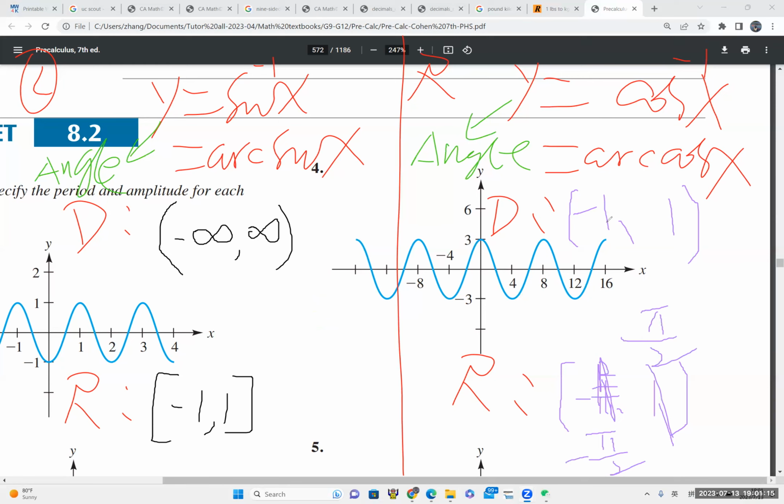Now let me say, yeah, negative 1 to 1. Okay, for this one, this is correct, but this is not. Yeah, this is wrong. So let me quickly mention this.